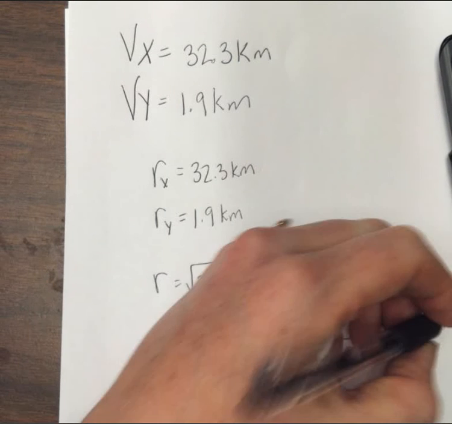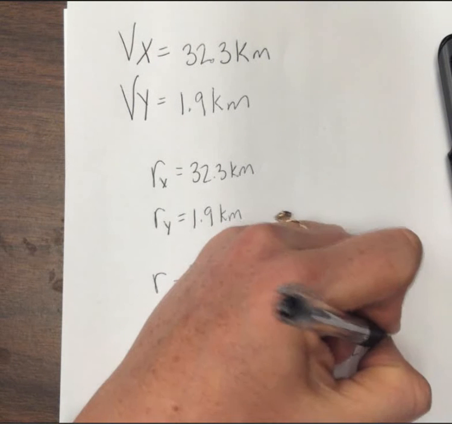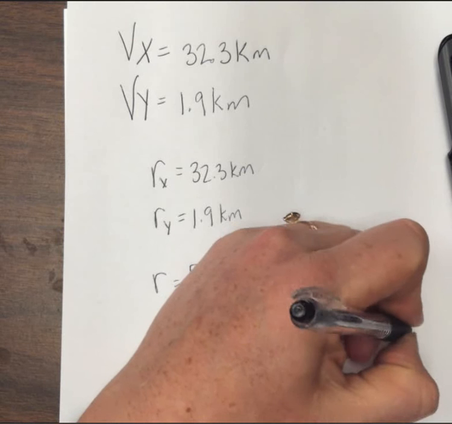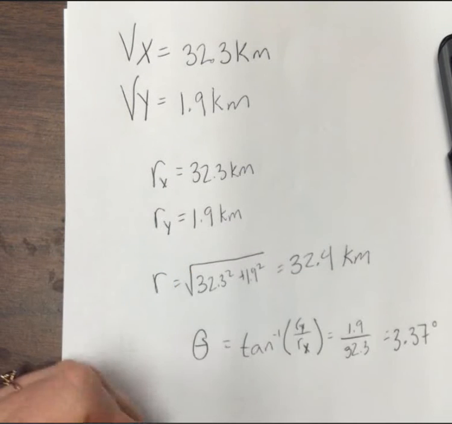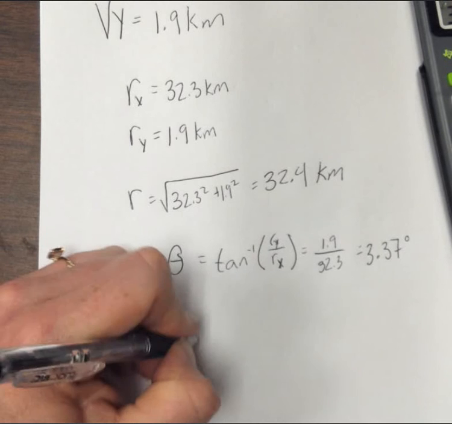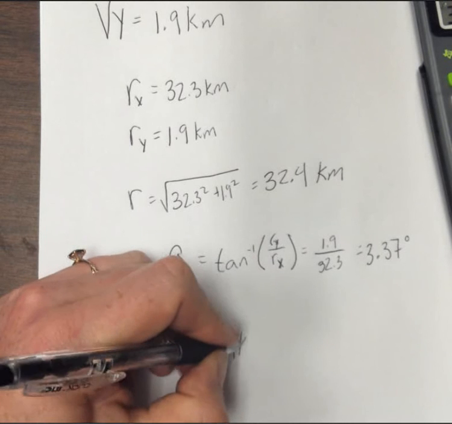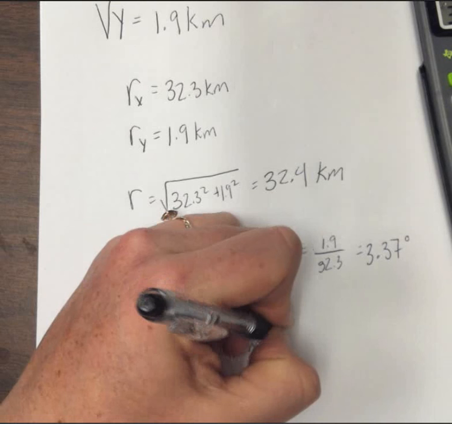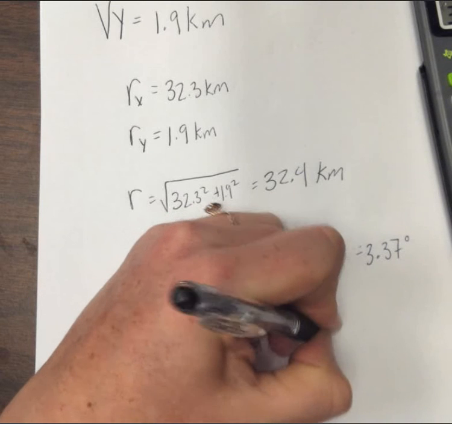And that should give us an angle of 3.37 degrees. So our full answer for this problem is going to be 32.4 kilometers at 3.37 degrees.